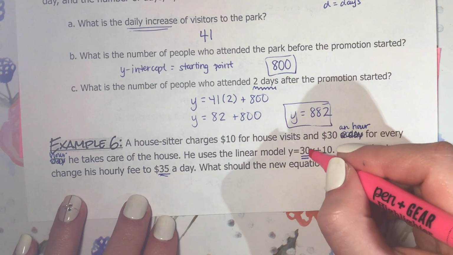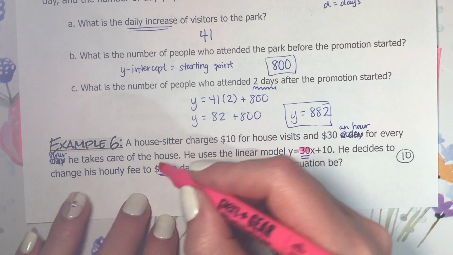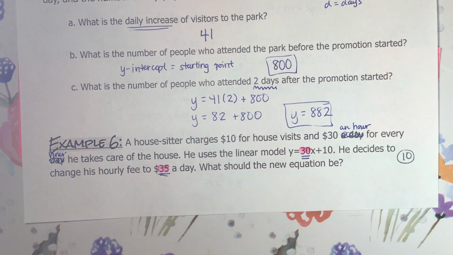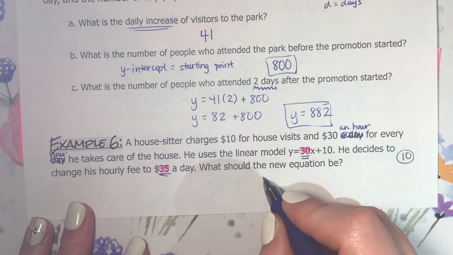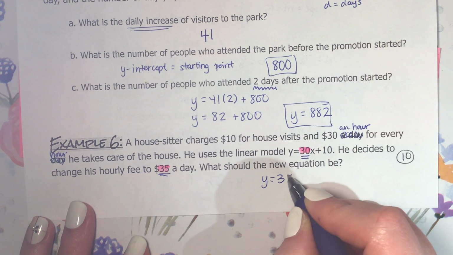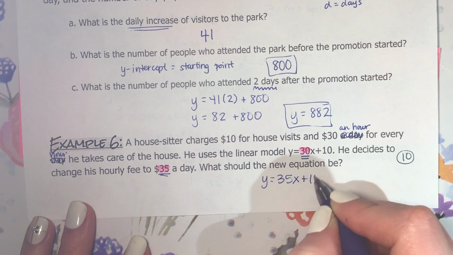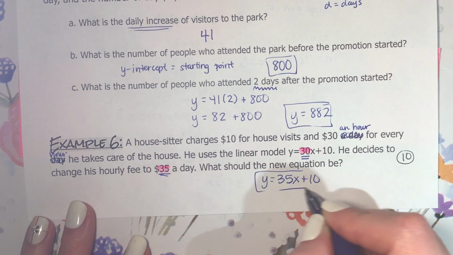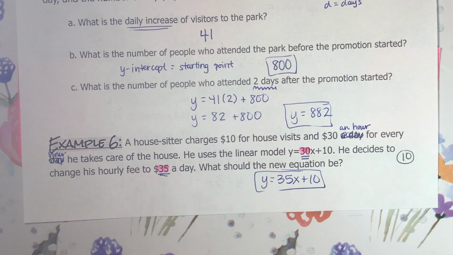So right now, he's charging $30 per hour, but now he wants to charge $35 per hour. So all I need to do, he's still charging $10 just to go to the house. Everything else is the same. The only thing I need to do is increase his hourly rate. So I'm going to write y is equal to 35x plus 10, and there's my new equation.